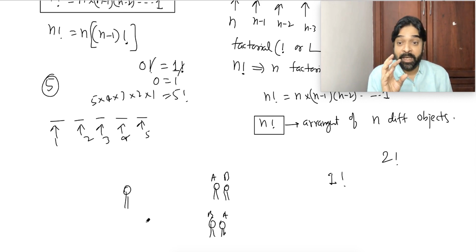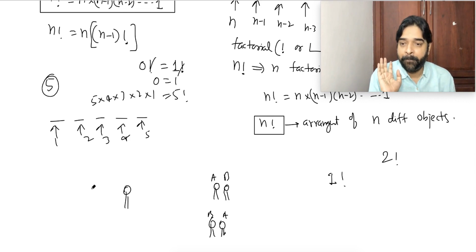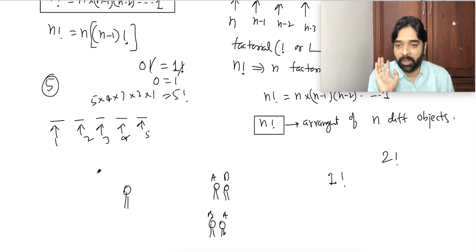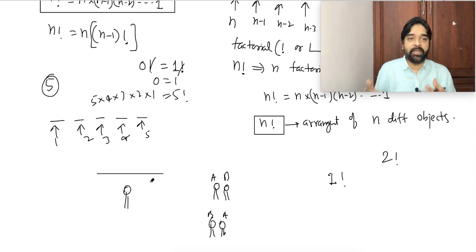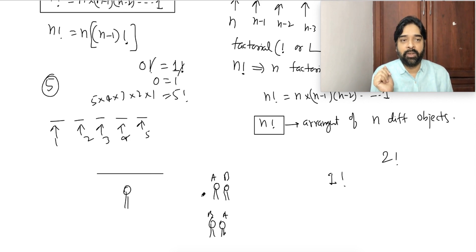If I say 0 objects are there, nothing is there. Suppose 2 people are standing, you can see 2 different arrangements. One person gives only one arrangement. Nothing is there. This is also an arrangement. It's one of the arrangements, one of the looks. Nothing is there, no object, but no object is also one arrangement.